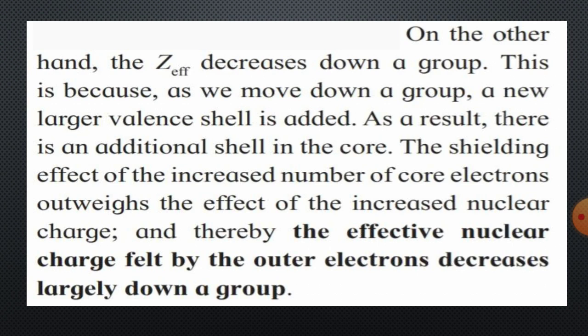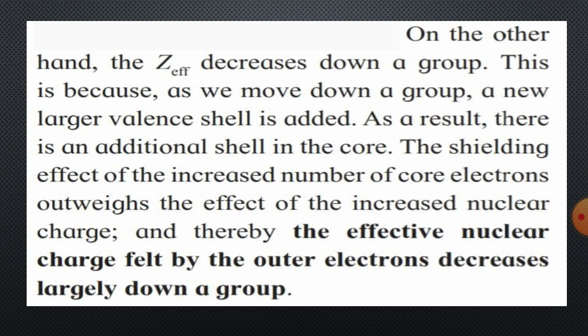Why? Here also atomic number is increasing. Nuclear charge is increasing. But as we move down the group, as we see in group 1, the element which belongs to the first period will have one valence shell. The elements which belong to the second period will contain two valence shells.